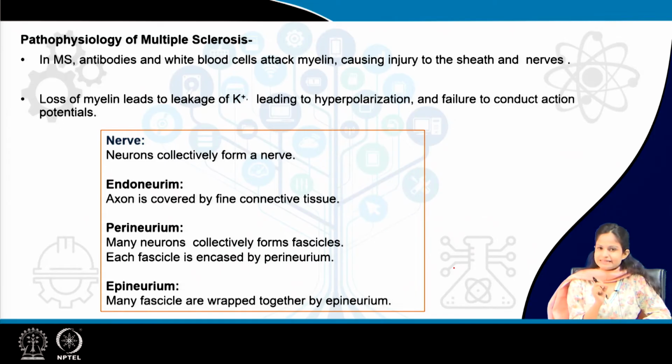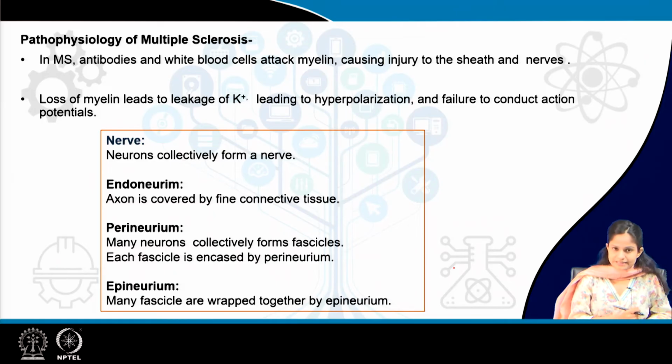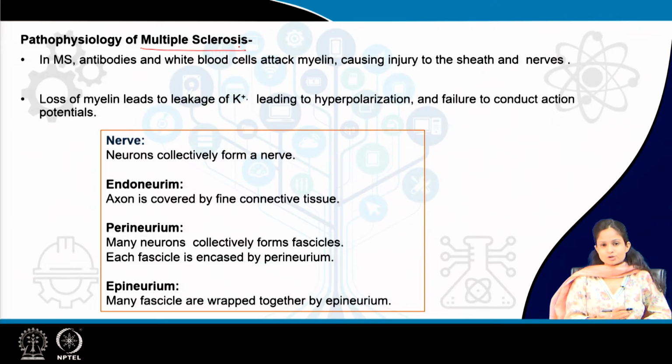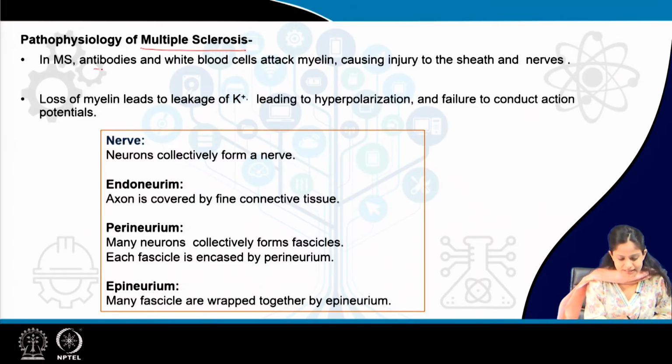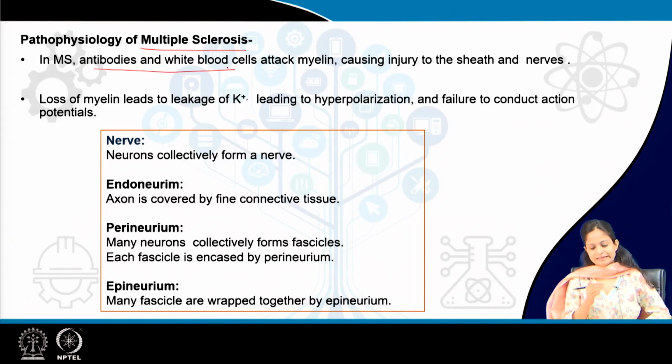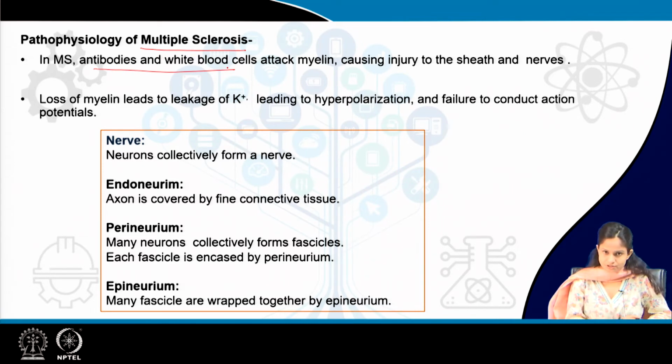Now if this myelination is defective, what will happen? What happens in case of multiple sclerosis? Multiple sclerosis is an autoimmune demyelinating disease in our body. Autoimmune disease means our body attacks our own cells. So the antibodies and the white blood cells attack the myelin sheath. When they attack the myelin sheath of our own body, they cause destruction and injury to the sheaths and the nerves. So obviously the functions of the myelin sheath will get hampered.